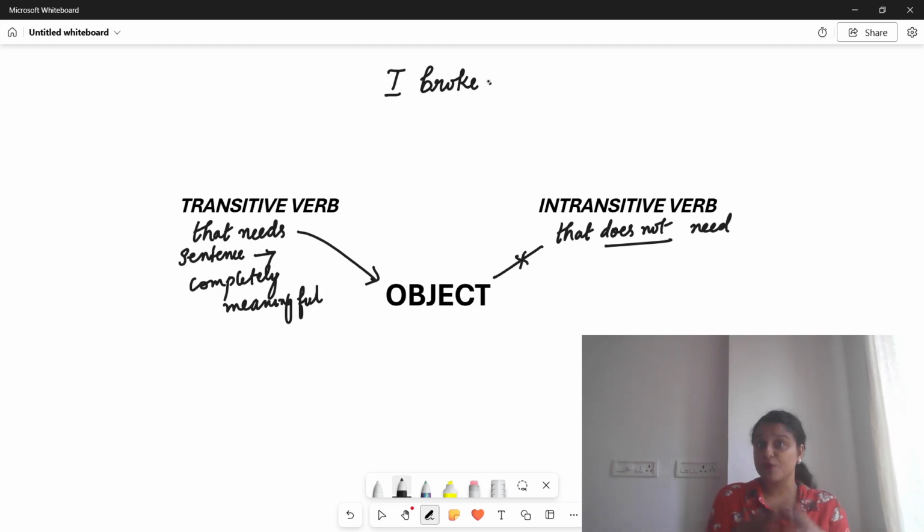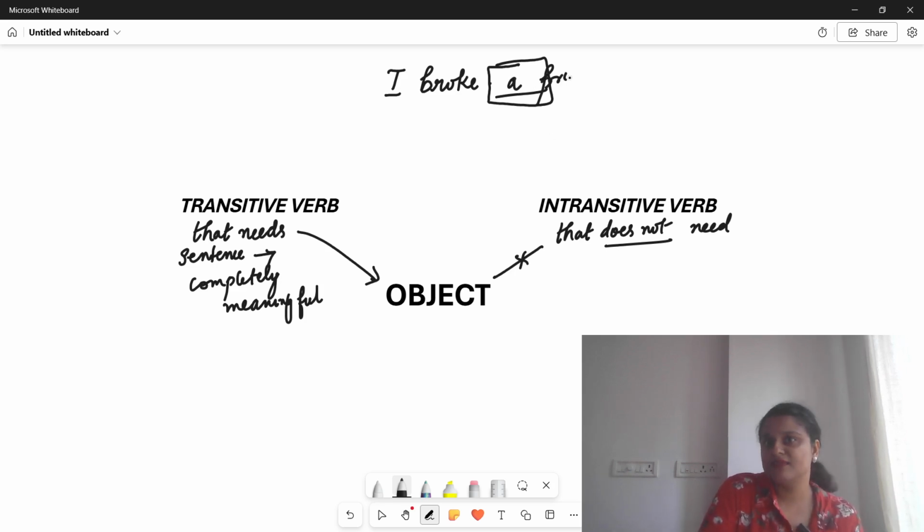Because broke, or the base verb break, can mean so many things. You can break so many things. So it's important I explain to you what I broke. In other words, in this sentence, you really need an object to make the sentence completely meaningful. So if I say, I broke a promise, then that's great. You understand the sentence.